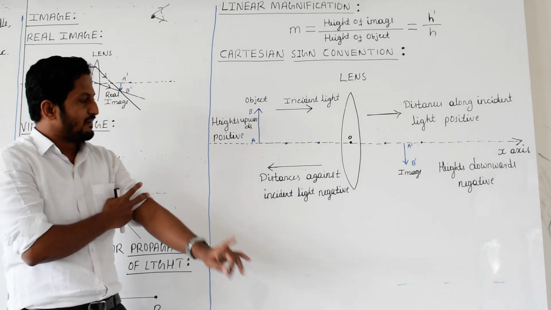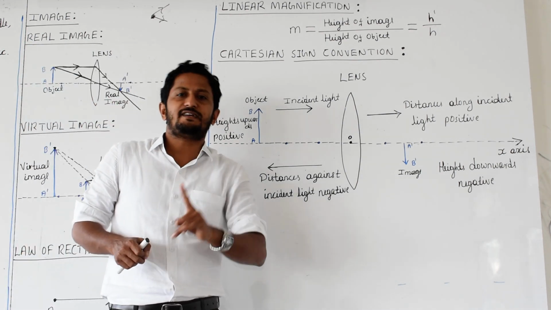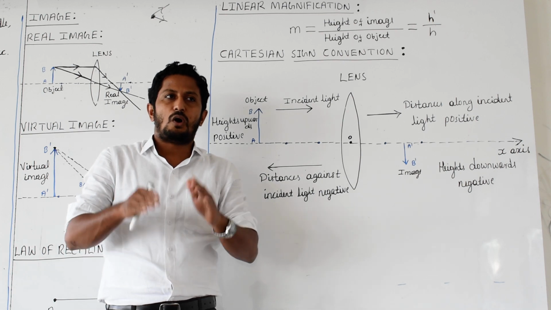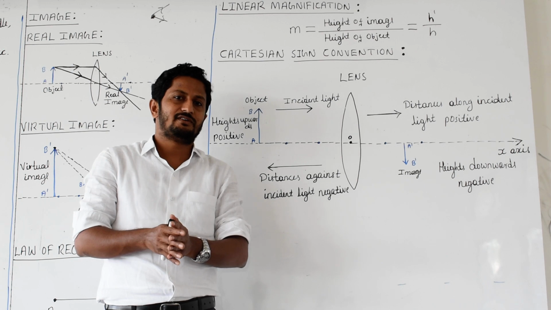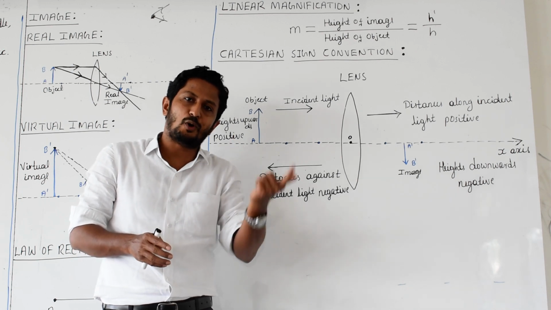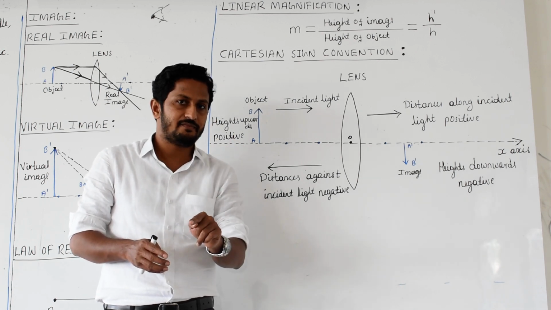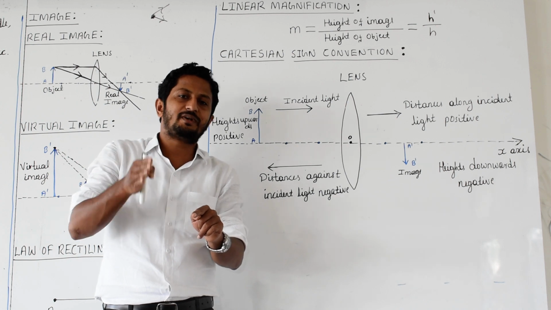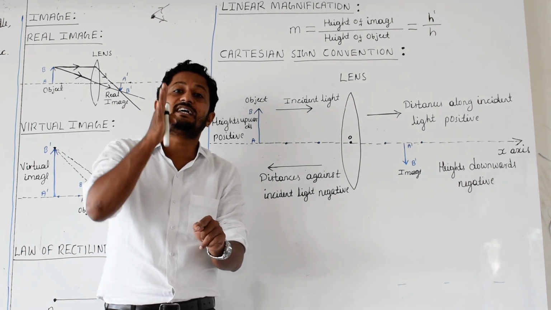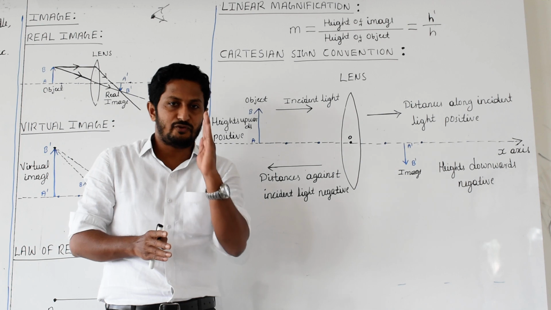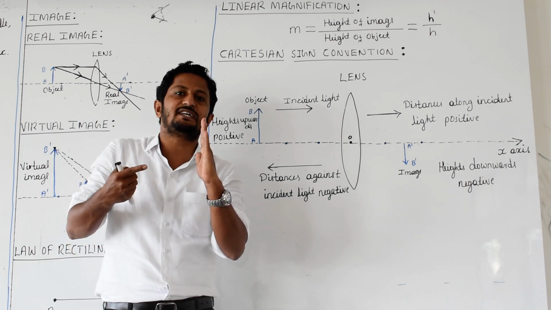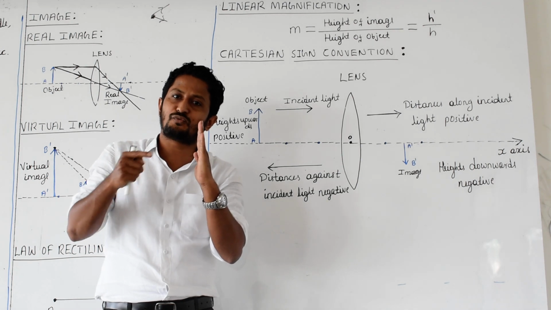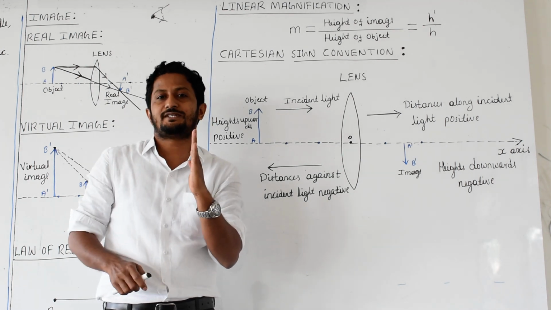See here, the first sign convention is that all the distances are measured from the pole point of the mirror or the optical center of the lens. If you have a mirror, you have to start measuring all distances from its pole point.